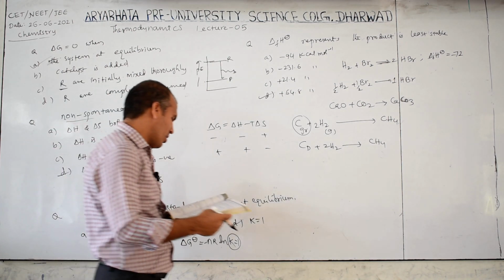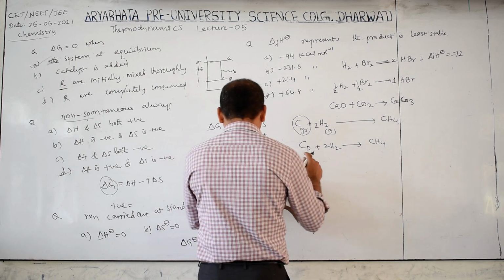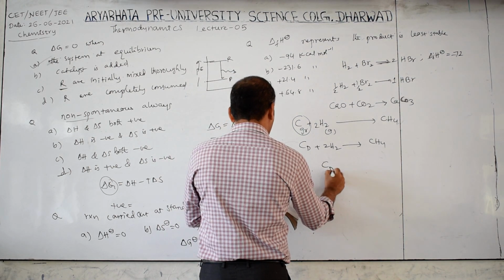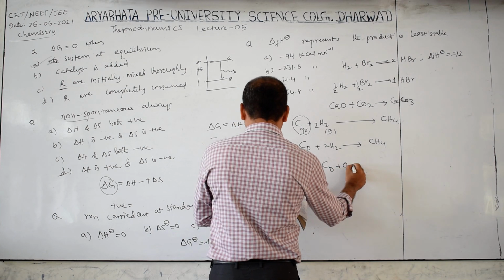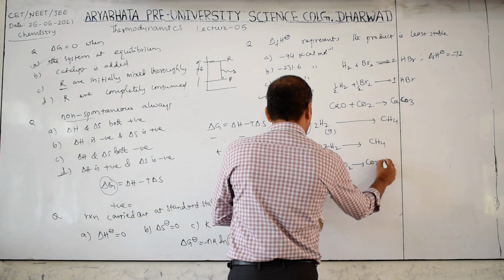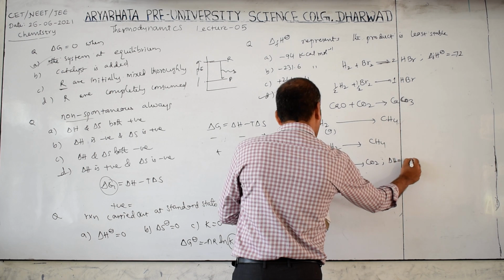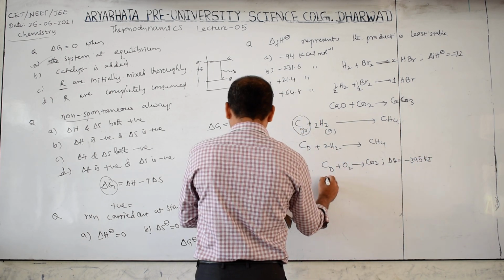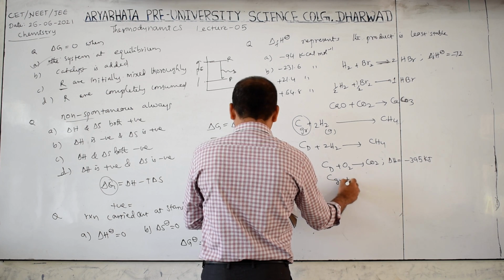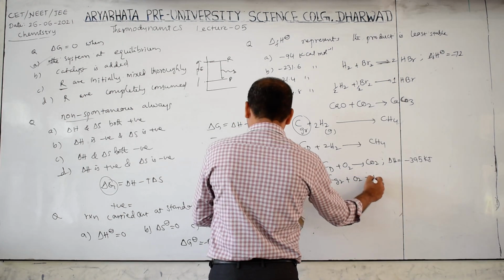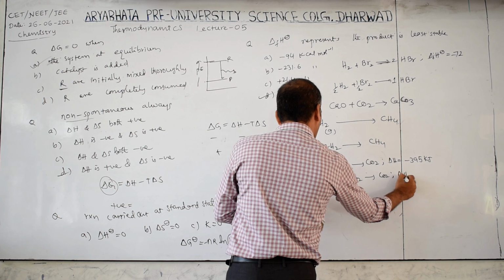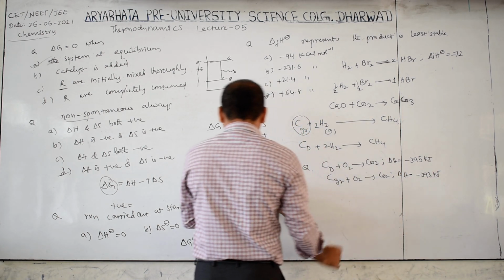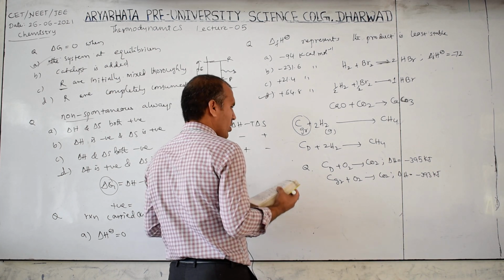Here the question is: C diamond plus O2 gives rise to CO2, for this delta H is equal to minus 395 kilojoule, and C graphite plus O2 gives rise to CO2, delta H is equal to minus 393 kilojoules.